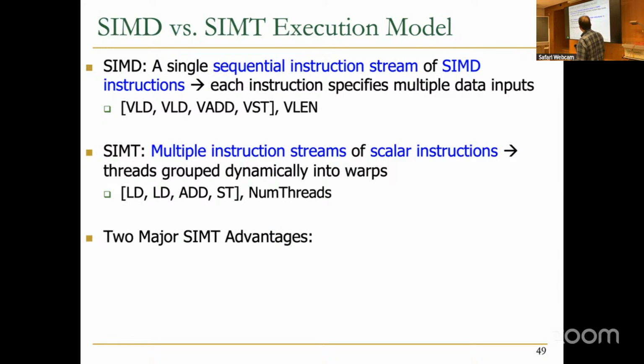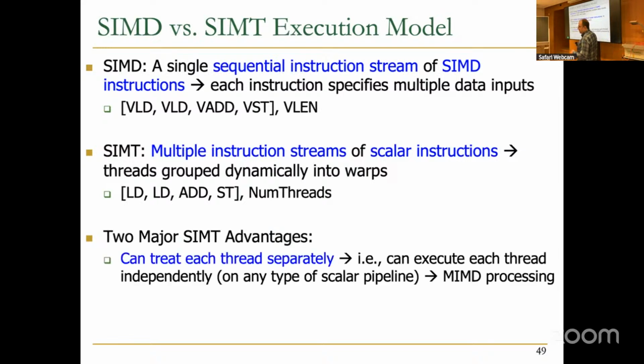There are two major SIMT advantages, which we're going to cover today. The first one is that we can treat each thread separately, meaning we can execute each thread independently on any type of scalar pipeline. For example, it can be MIMD processing. So really each thread can be separate.